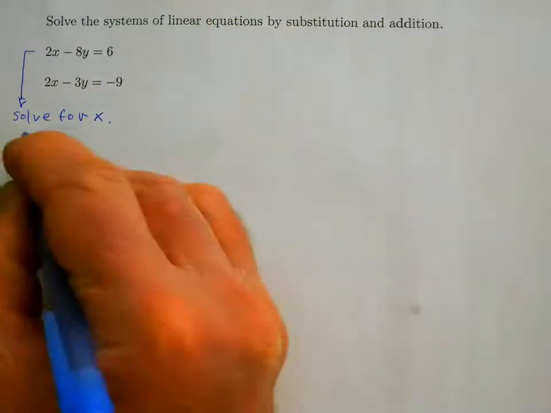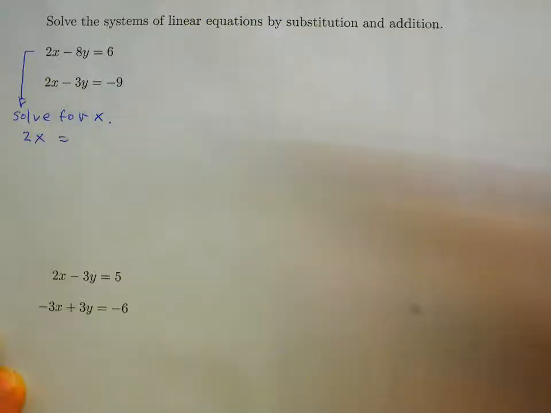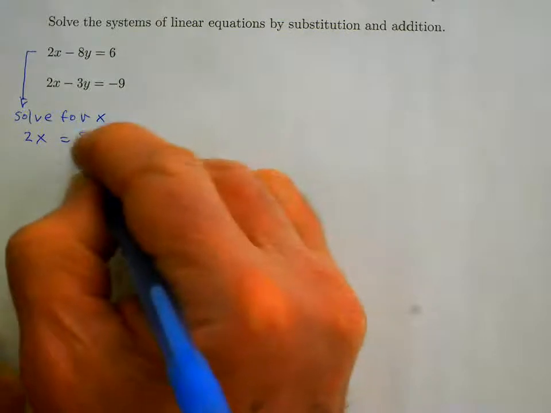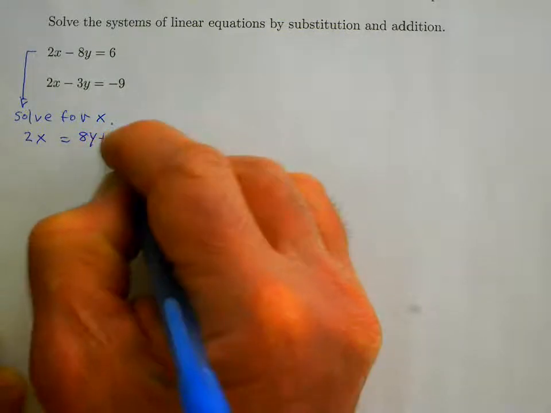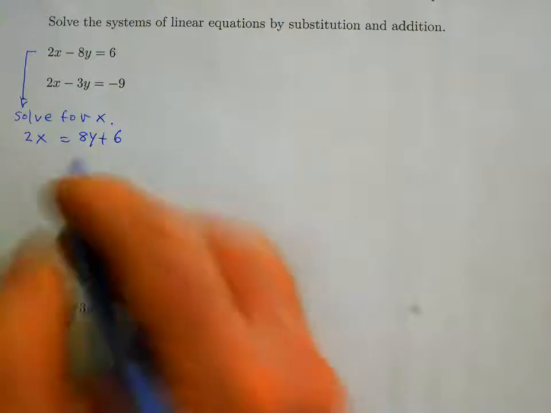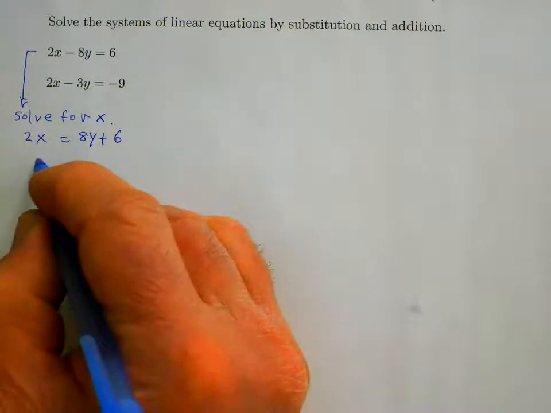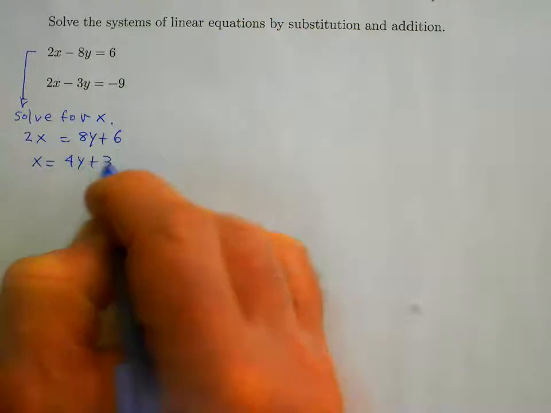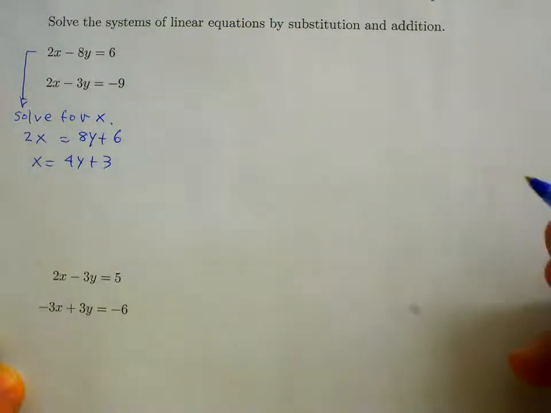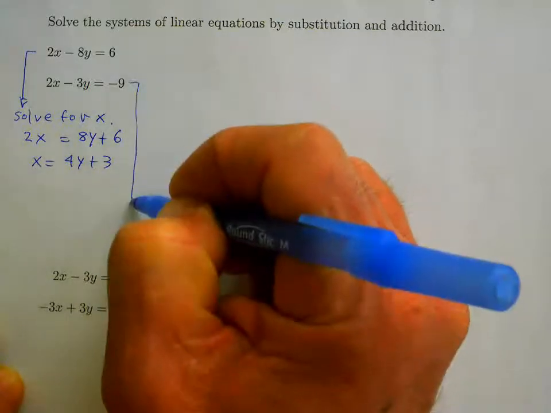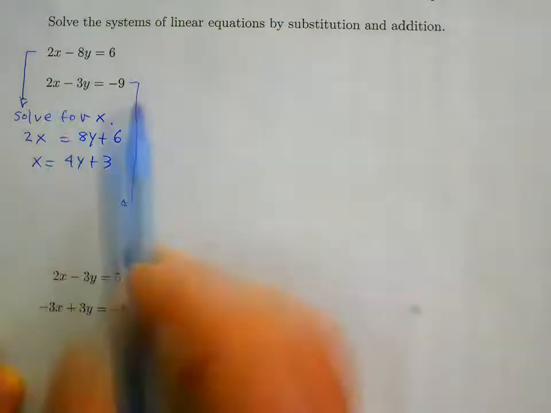So I get 2x. First thing I do is add 8y to both sides, to get 2x equals 8y plus 6, and then divide every term on both sides by 2. And I get x equals 4y plus 3. And then we substitute that into the bottom equation.